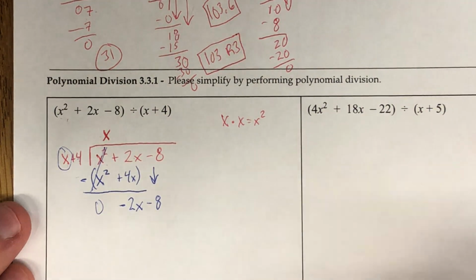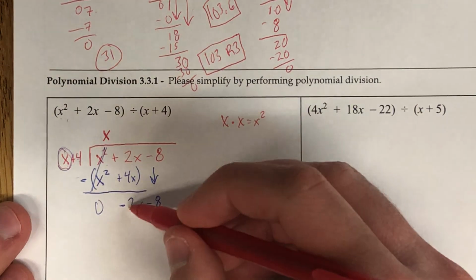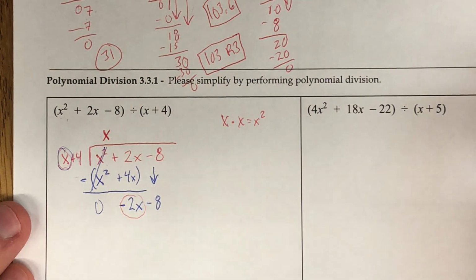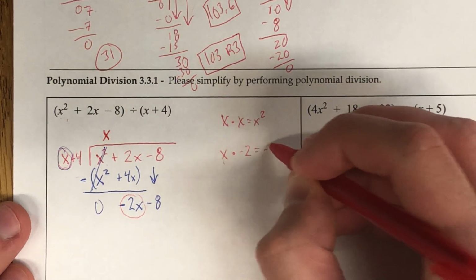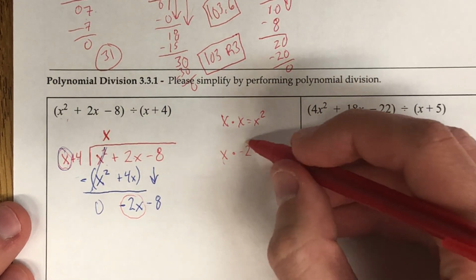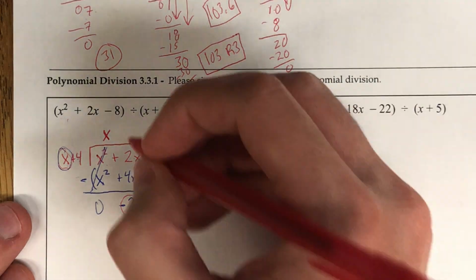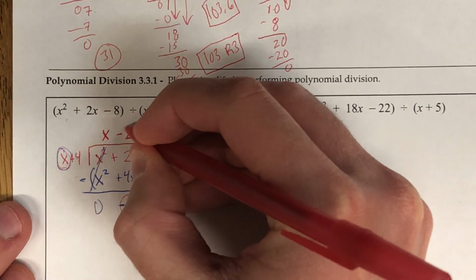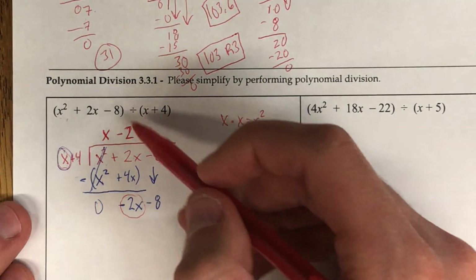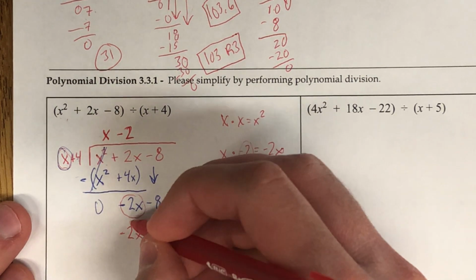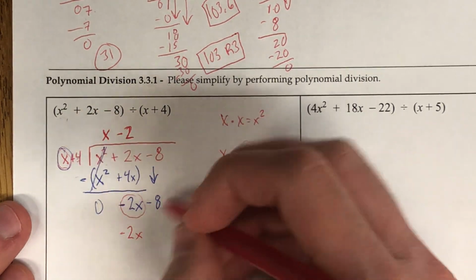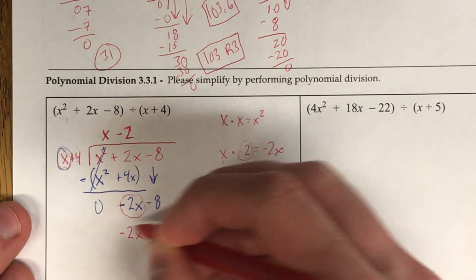I say, what do I need to multiply x by to get to negative 2x? x times negative 2 is negative 2x. So negative 2 is what I need to multiply by. So I'm going to put negative 2 up here. So negative 2 times x is negative 2x. Negative 2 times 4 is negative 8.